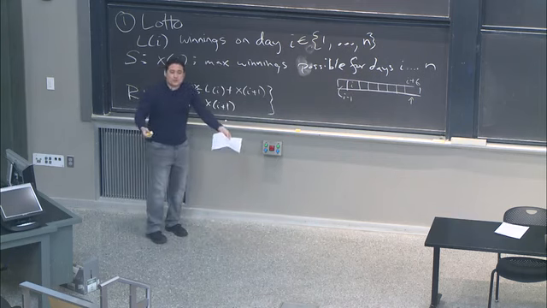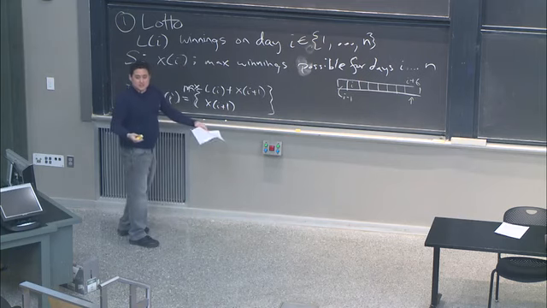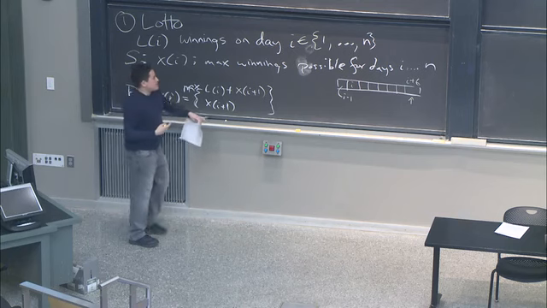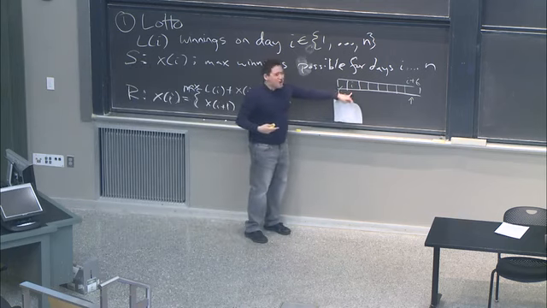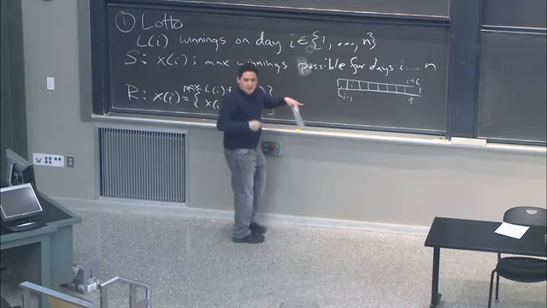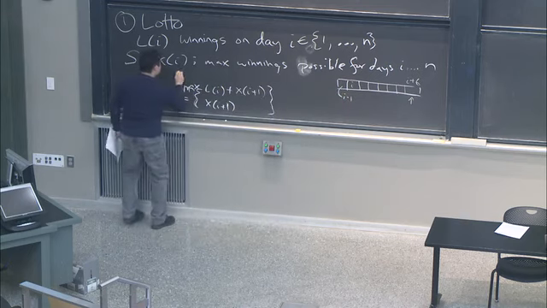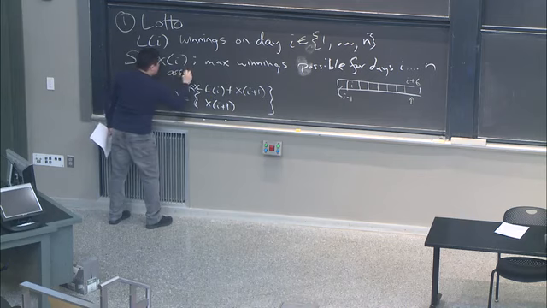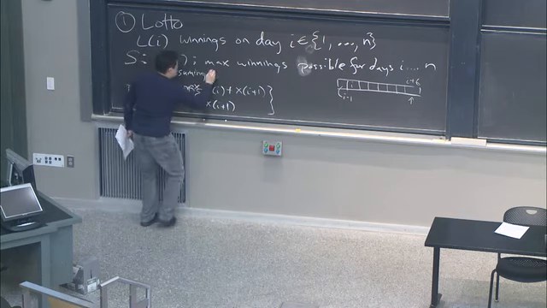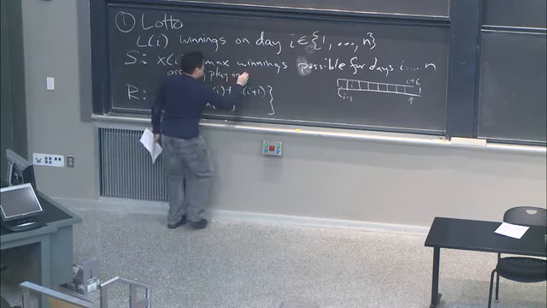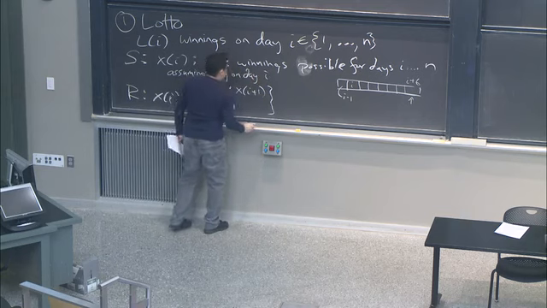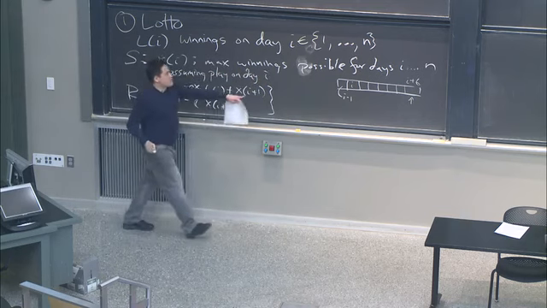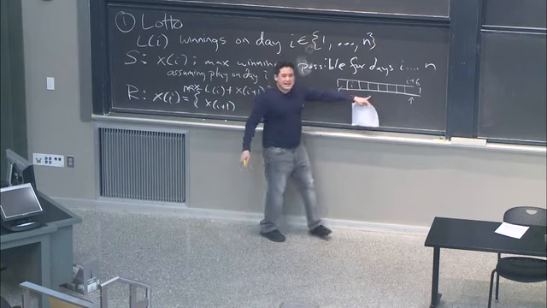Similar restriction as longest increasing subsequence, right? I'm definitely including this in my subsequence. That's going to make it easier for my thinking, because I definitely know I played on this day. So assuming I play on day i, I actually need to remember what's the next day I can play.